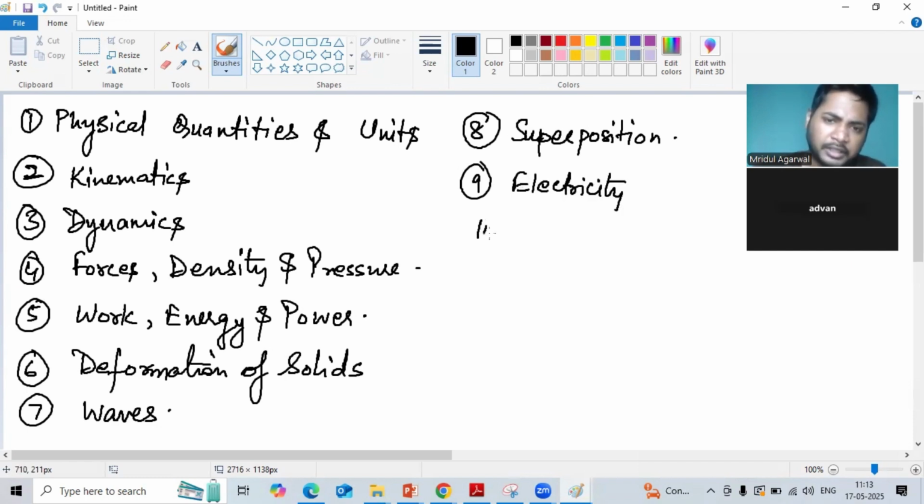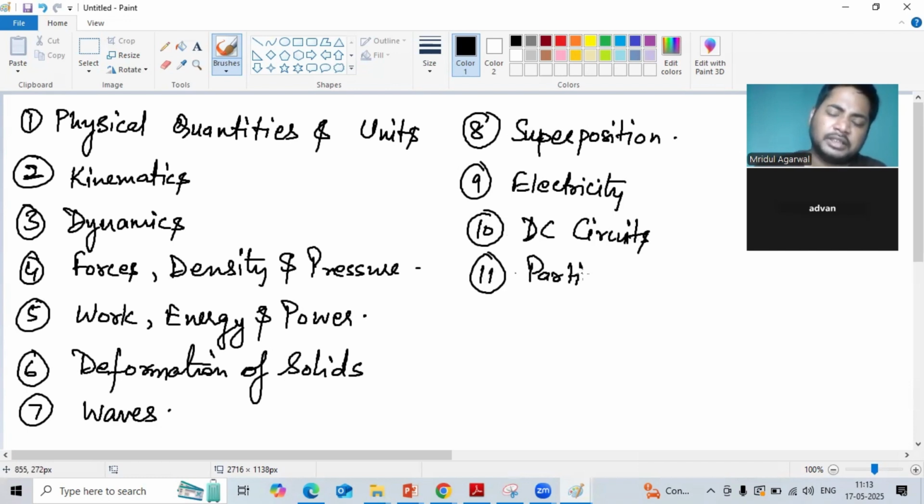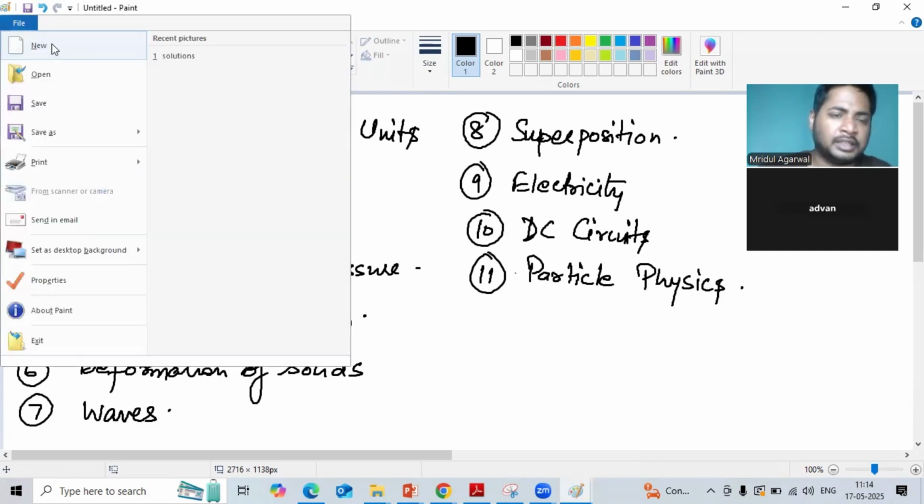And the next topic is DC circuits. Particle physics, correct? Particle physics. So these are the topics that you have in this unit, okay, for AS level.